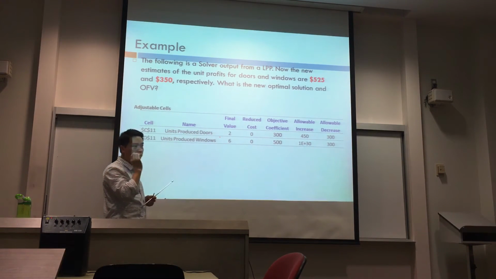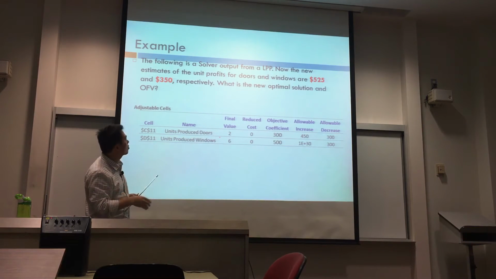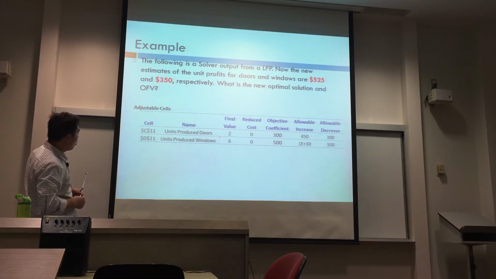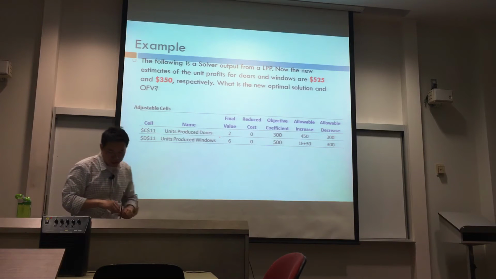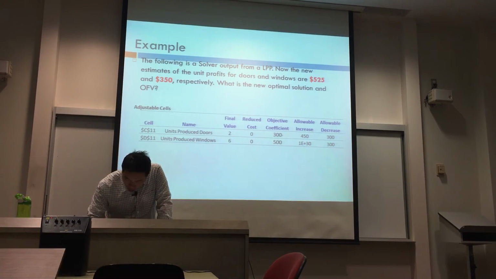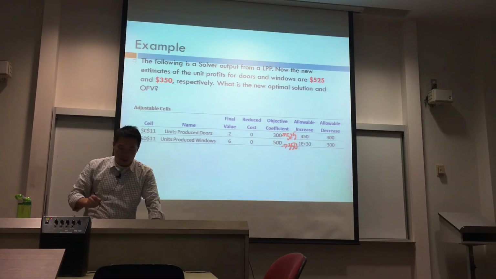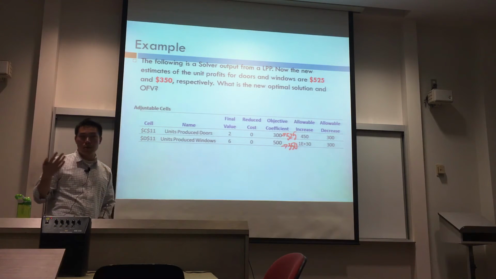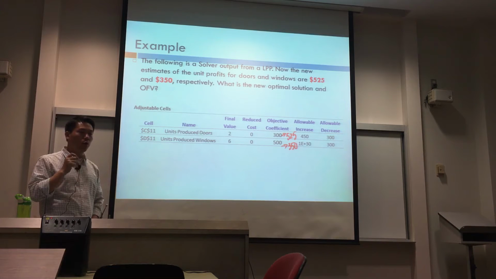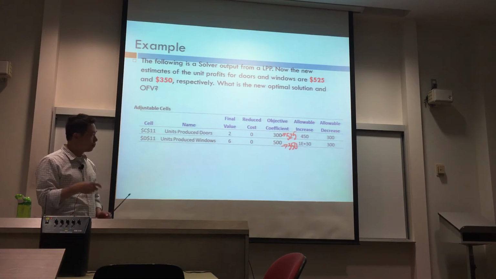So both of them are basic variables. Now, if you change 300 to 5, and at the same time you change this to 350, then what is the new optimal solution? What is the new optimal OFV?